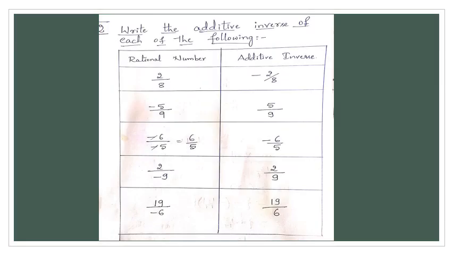Now, let us move on to the second main. Write the additive inverse of each of the following. See, they have given 5 rational numbers. For those rational numbers, we want to write the additive inverse. Children, for plus 2 by 8, minus 2 by 8 is the additive inverse.